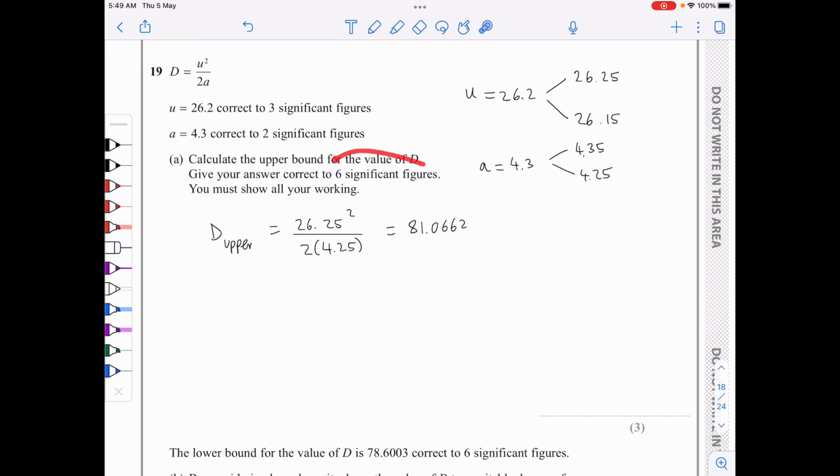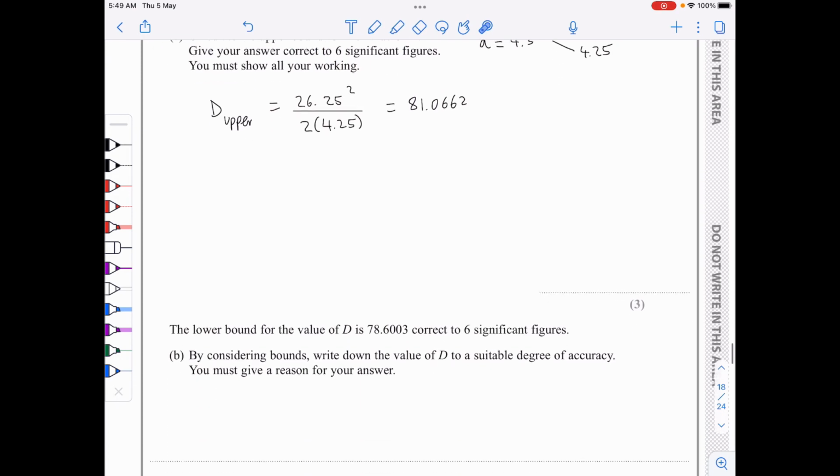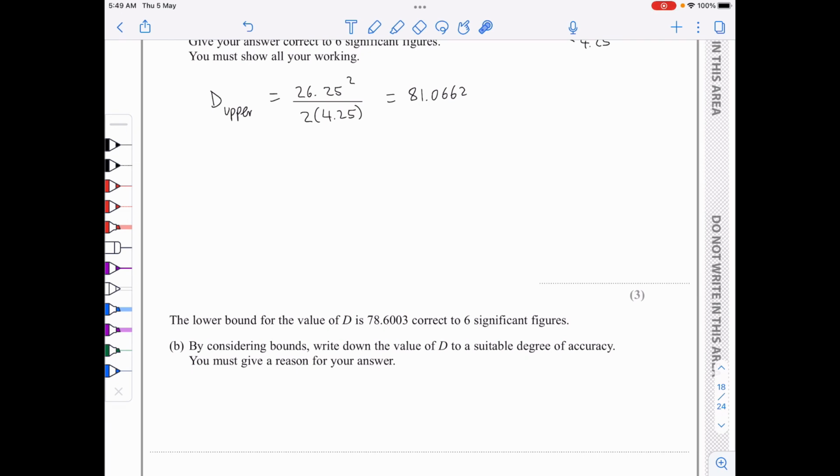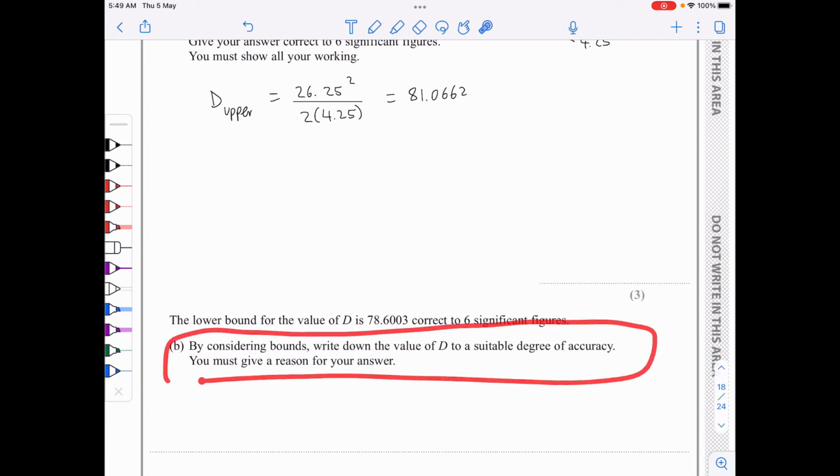We have been told to give our answer to 6SF here. And then the lower bound is 78.6003, correct to 6SF. By considering bounds, write down the value of D to a suitable degree of accuracy.